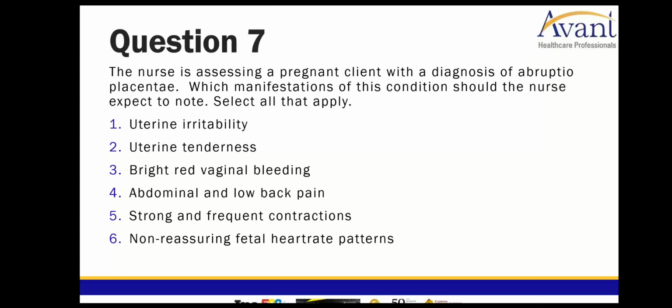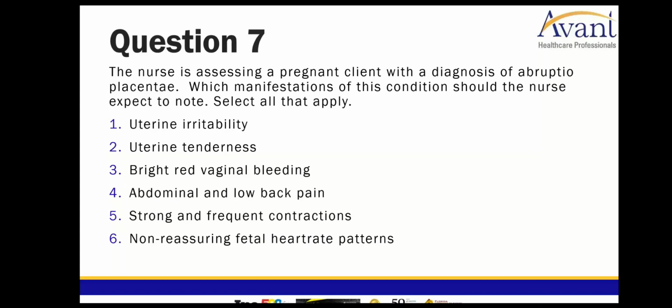All right, welcome back. Question number 7 says the nurse is assessing a pregnant client with a diagnosis of abruptio placenta. Which manifestations of this condition should the nurse expect to note? Select all that apply. We look at each one of these, and you have to first identify the question and understand what it's asking.